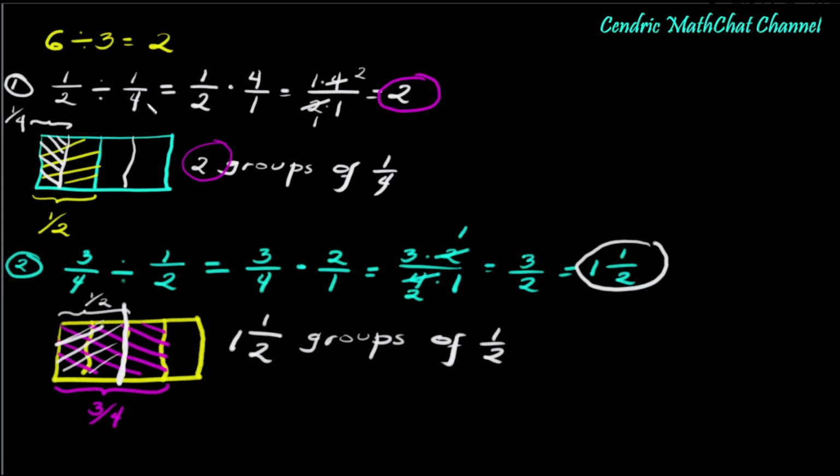Mas malaki siya dito sa mga dividend at saka sa divisor. Ganon din siya dito. 1.5. Mas malaki siya sa 3/4 tsaka sa 1/2. Kasi nga, itong 1.5 na ito refers to this group. Yung 2 na ito means 2 groups of 1/4.